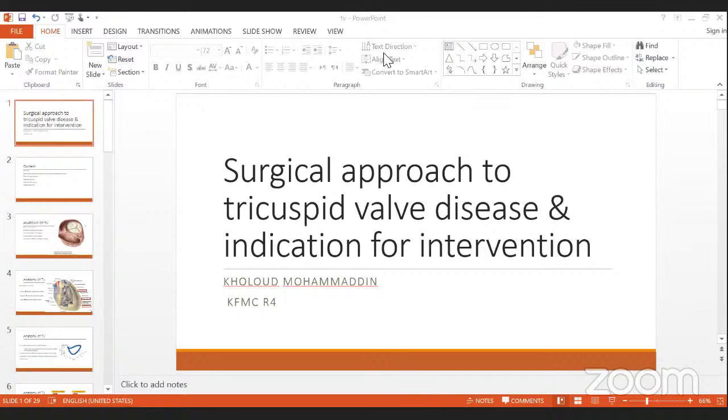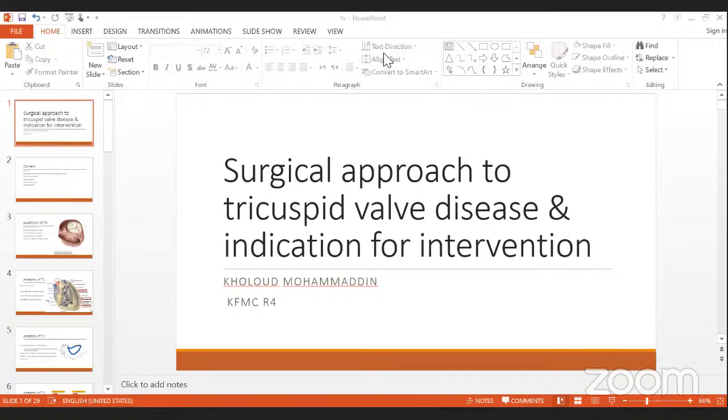Dreyfus was one of the pioneers who talked about the tricuspid valve, the indication, and when to repair it. What is your cut-off limit to intervene on the tricuspid valve, in terms of annular dilatation? What's the measurement you will check on the echocardiography?